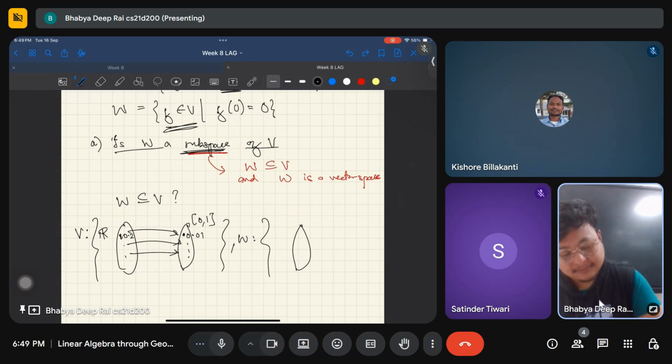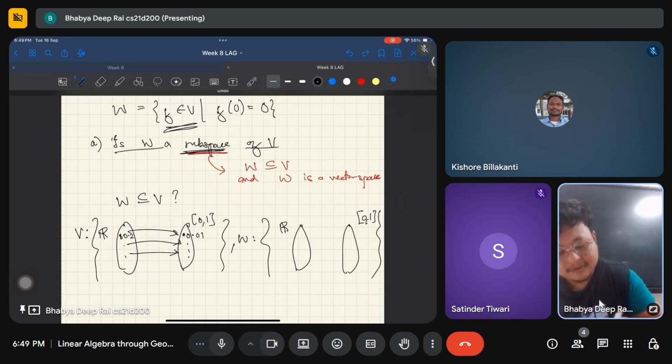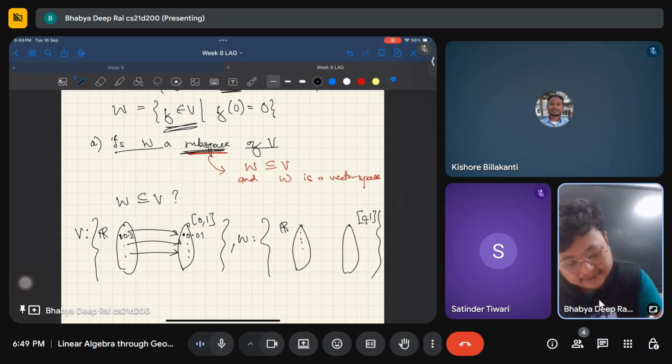Additionally, if it's a function in V, then it takes a real number and maps it somewhere between 0 and 1, since it's a set of functions in V, but additionally f of 0 equals 0. So I have things out here, the entire real numbers, but then I have 0 out here.